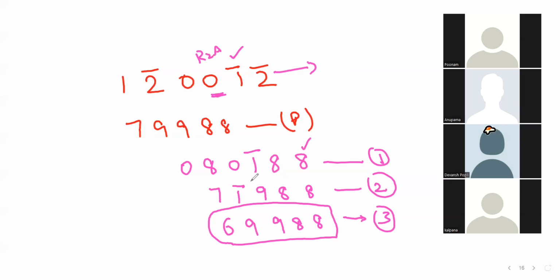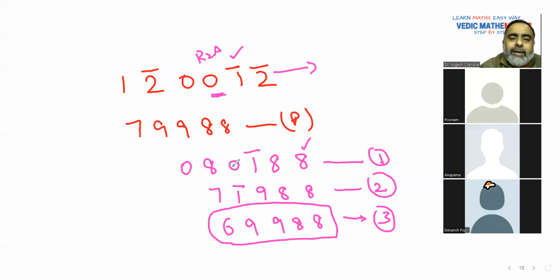And what happens after R2A? It goes back to rule number 1. So 0 remains as it is. Again, here we apply rule number 1. So 2 plus 10, 8. Again, it is positive, so subtract 1. Yes, sir. Now I got it.